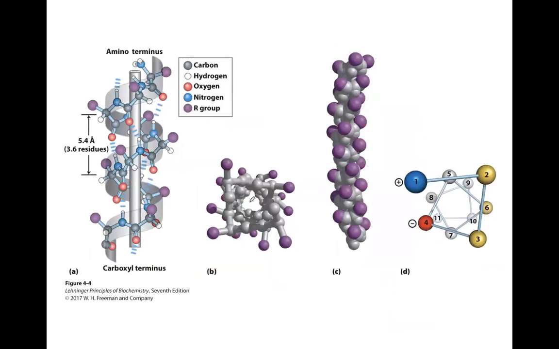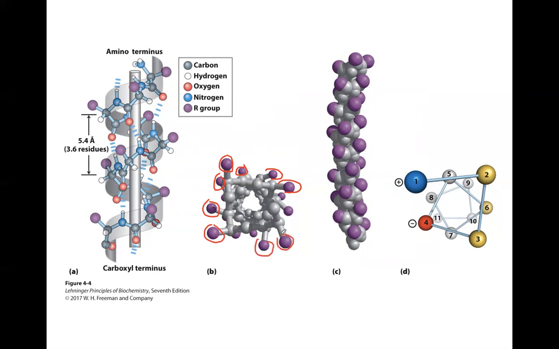If you look from the top of the alpha helix, you can see the alpha helix itself, where the amino acids turn around, but the side chains are sticking out to the sides, right? So the side chains are never in the way, which allows multiple amino acids to participate in the formation of the alpha helix.